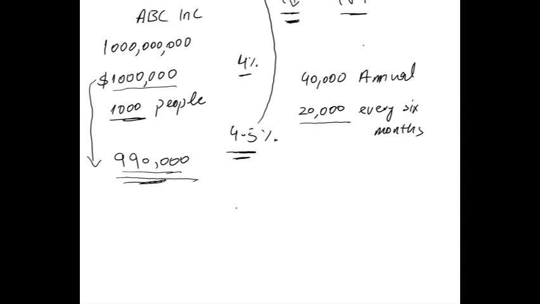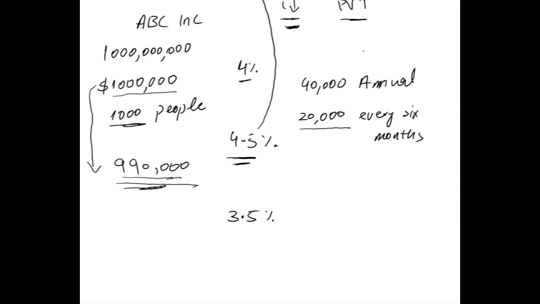In another scenario, when the market interest rates are actually lower, so let's say similar bonds, similar risk, and the prevailing market rate for these bonds is 3.5%. In that case, now the company has the upper hand.